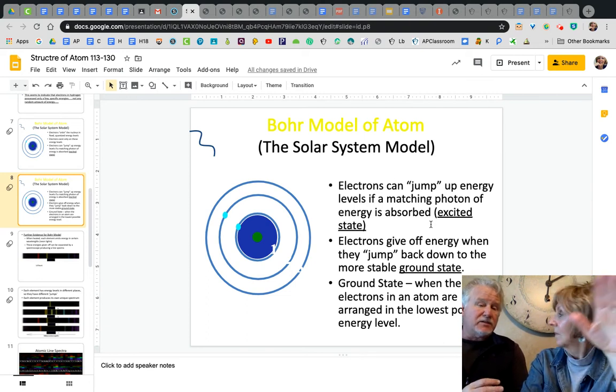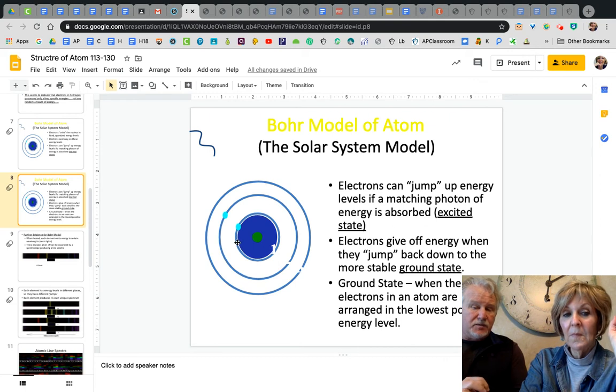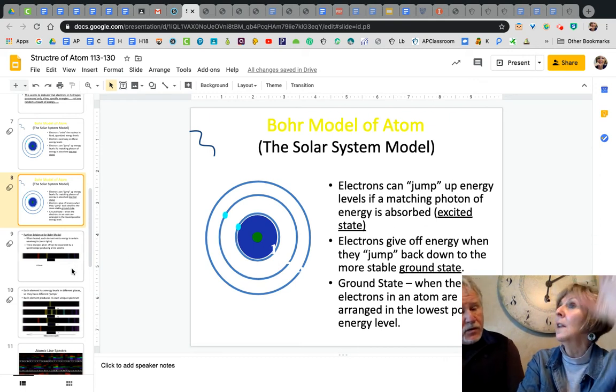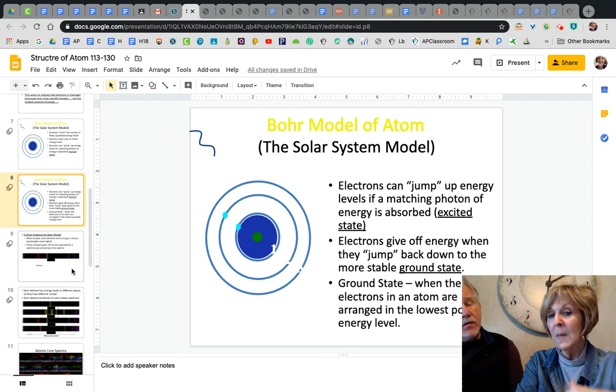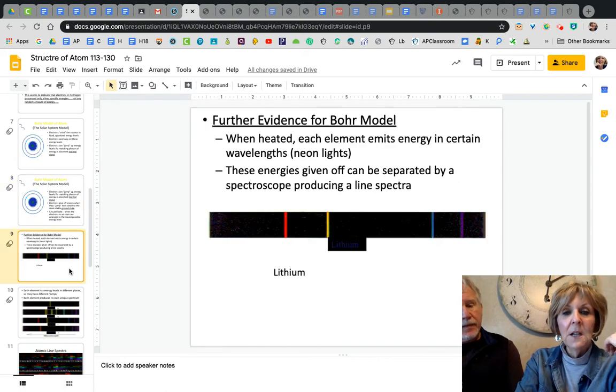And that's when you see these very specific lines, right? These wavelengths that are of a very specific energy. That's the photon, the quantum photon that falls back down that gives off that.